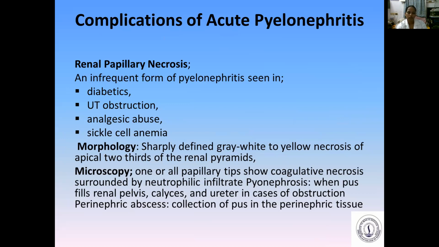The microscopy shows one or all papillary tips with coagulative necrosis surrounded by neutrophilic infiltrate. Pyonephrosis: when pus fills the renal pelvis, calyx, and ureter in case of obstruction, resulting in perinephric abscess, that is a collection of pus in the perinephric tissue.